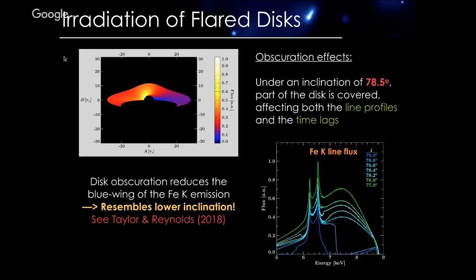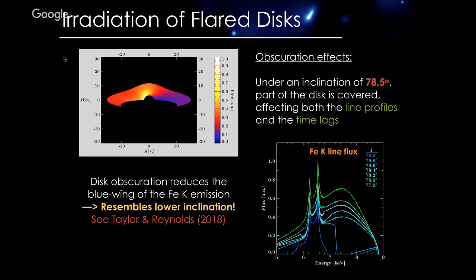It might have some vertical structure, and this structure will then block part of the radiation coming from the center. The initial simulations show that this will mostly reduce the amount of radiation that you see on the blue side of the iron K emission. And this is the part that is most sensitive to the inclination.